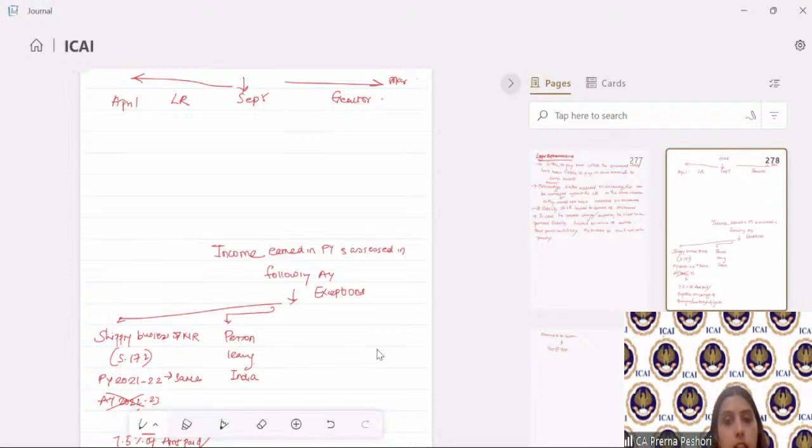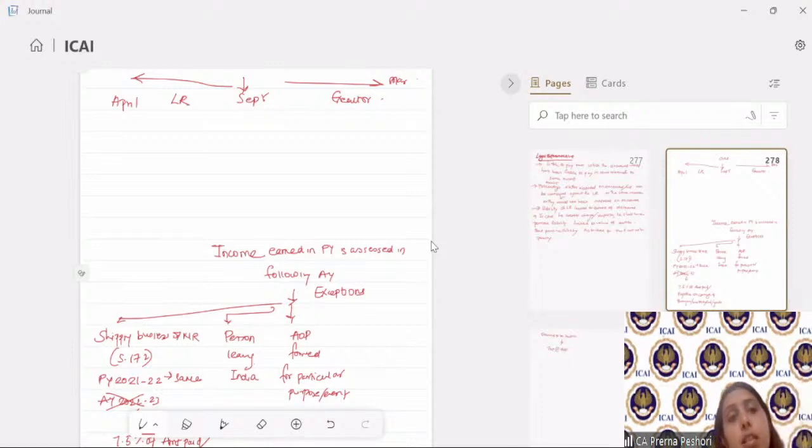Next is AOP formed for a particular purpose or event. If the AOP is formed for a particular purpose or event, then the AOPs are likely to be dissolved in the assessment year, and the AO can then make the assessment.